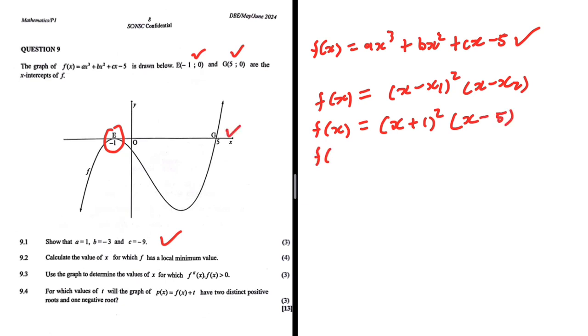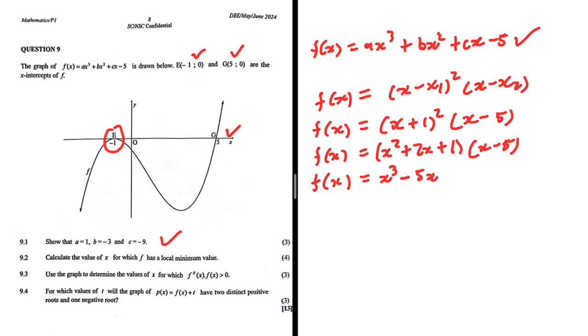So f of x will be equal to, what is (x plus 1) squared? That is x squared plus 2x plus 1. You multiply that by (x minus 5). So f of x will be equal to x squared multiplied by x, that is x to the power 3. And then x squared multiplied by minus 5, that will be minus 5x squared.